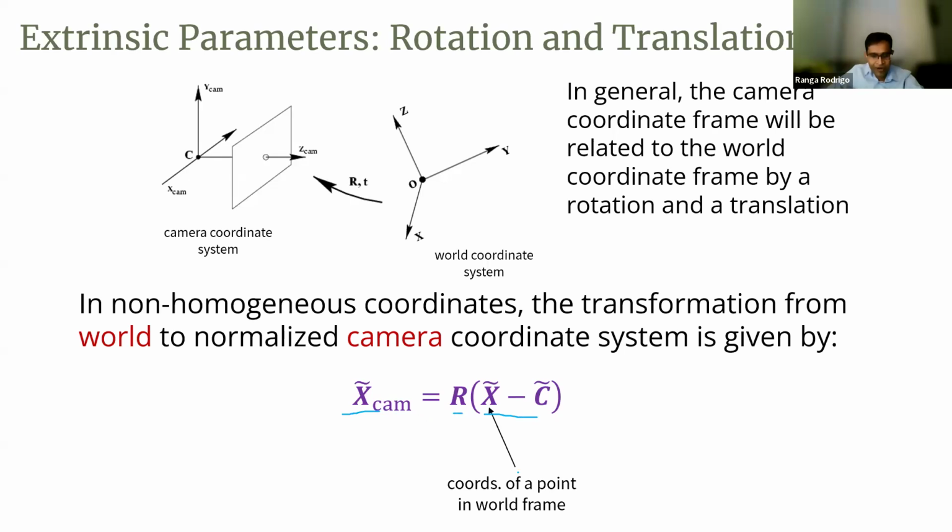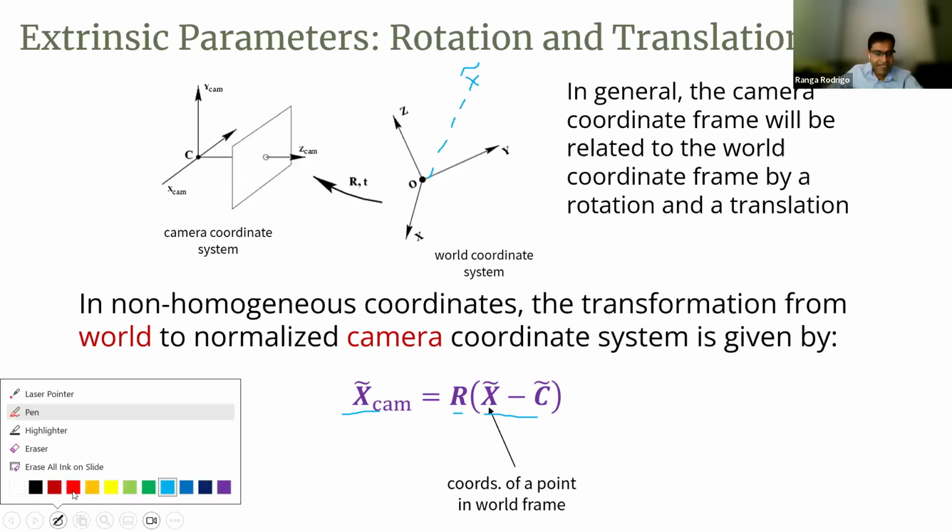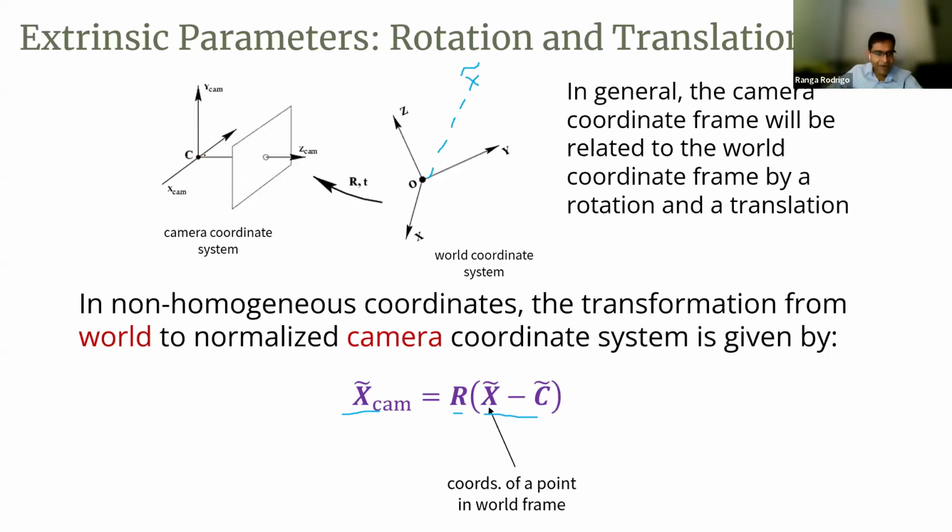So the coordinates of a 3D point in the world frame are x tilde, and that is with respect to the world coordinate system. That is not good enough for us. What we want is this coordinate in terms of the camera coordinate system. This is the transformation we are going to do.